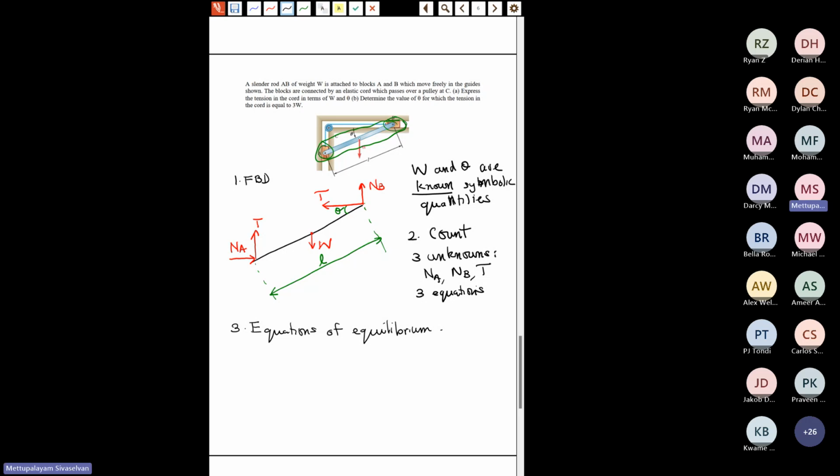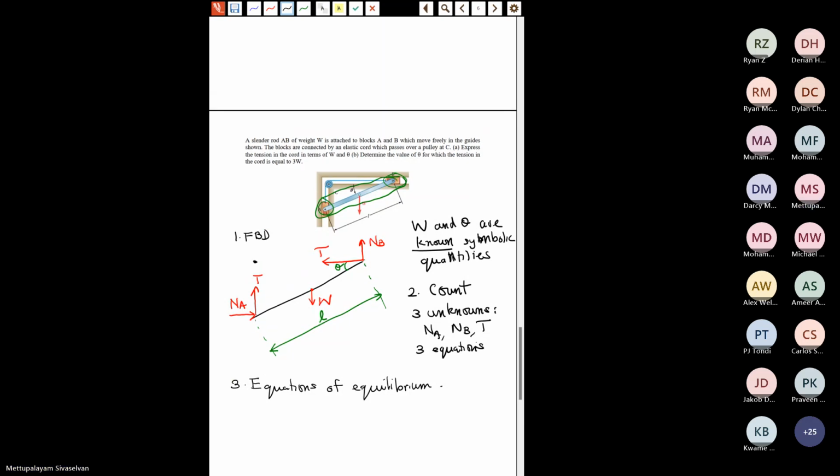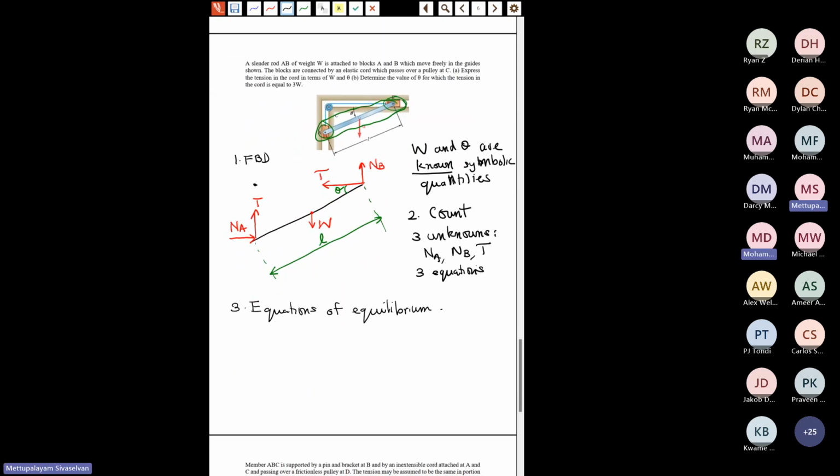So what's a good equation of equilibrium to write? The moment. The moment about where? About the axle of the pulley?